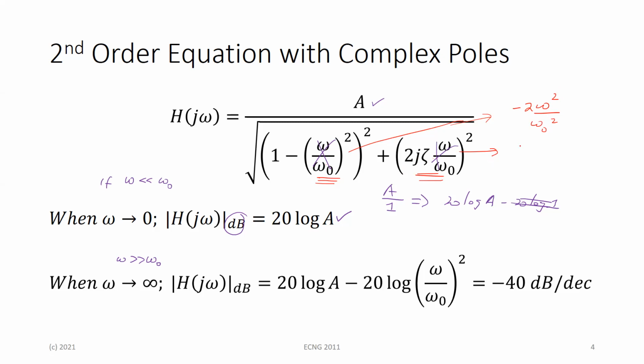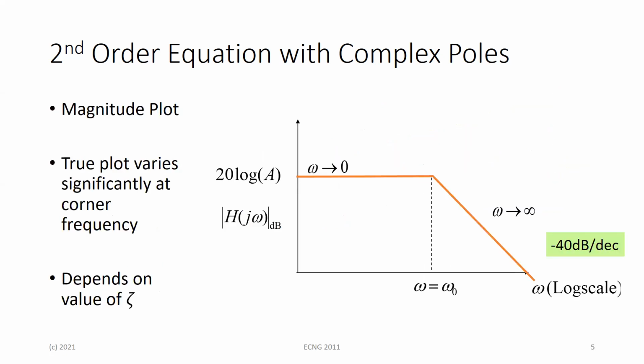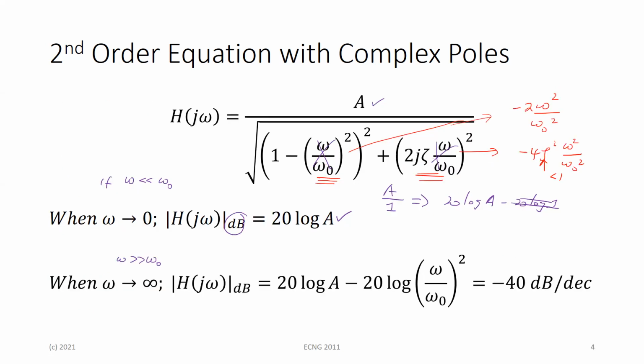If you square that, you're going to have 4 minus 4, because of the j squared, zeta squared omega squared over omega naught squared. Zeta is less than 1, so it's a fraction.